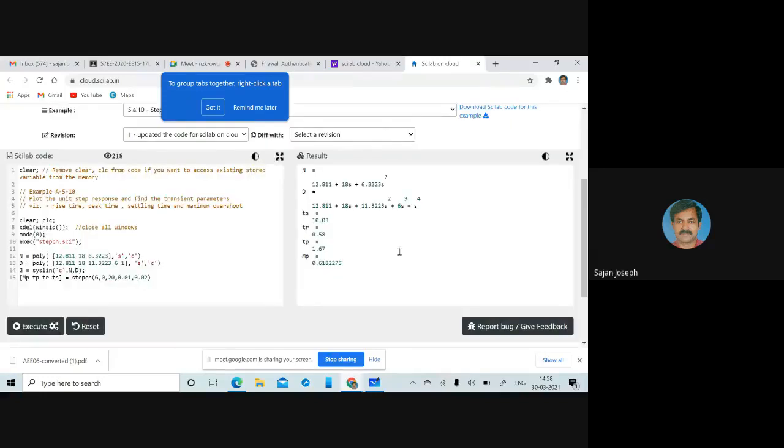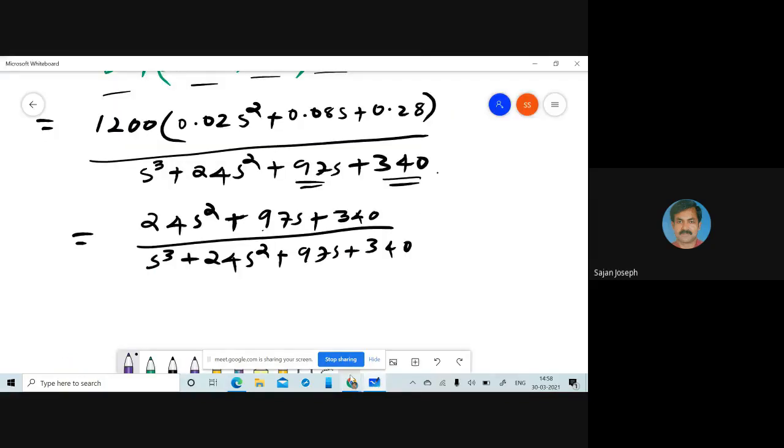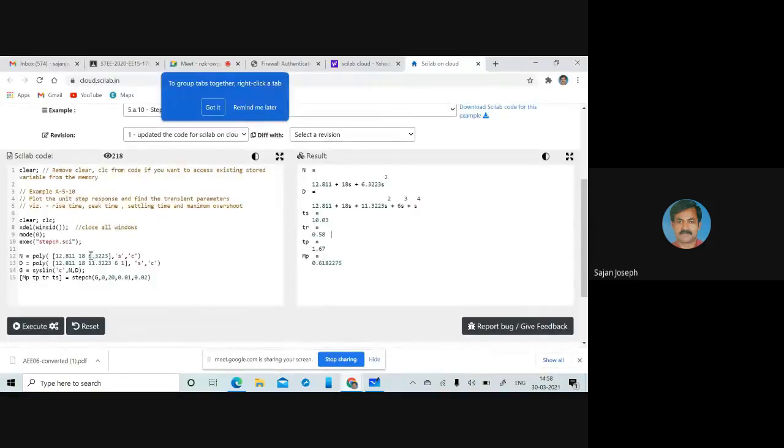Okay, and what is it simulating? See that the numerator is ended this way, you are getting this as the numerator. So therefore make modifications accordingly. What is the modification? We require 24, 97, 340. This is 24, 97, 340.